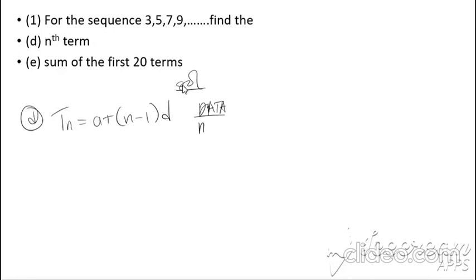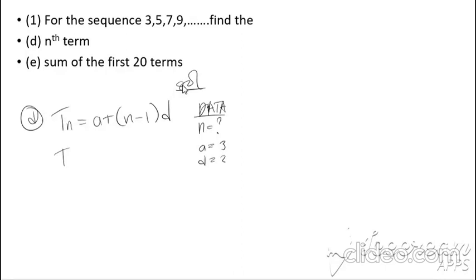So the n you haven't been given, and then your first term here is 3. Your common difference is 2. And then you need to substitute now for you to come up with the nth term.